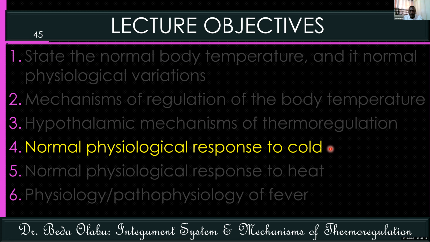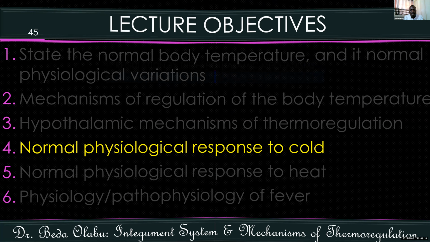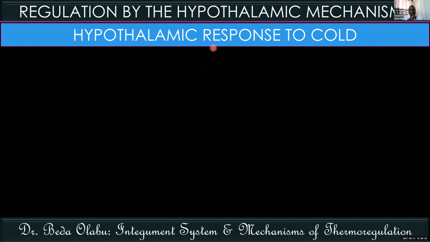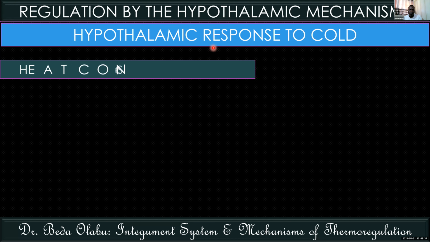But there's a way also that the hypothalamus helps in terms of cold. What are some of the regulatory mechanisms that the hypothalamus initiates in response to cold? Two things the hypothalamus will do. The hypothalamus will initiate mechanisms of heat conservation. The little heat that is already in the body should not go away when it is cold.